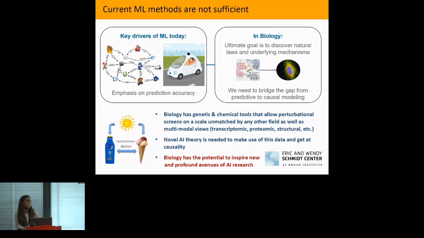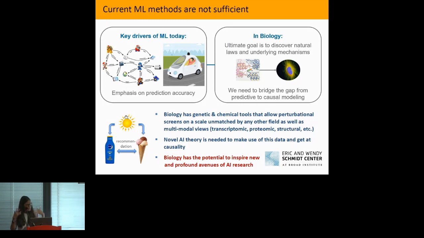You're not going to make a lot of money by understanding what drives this, for example, if someone buys sunscreen, why this person might also be interested in ice cream. That's not how you make money, right? All you have to do is be able to predict that these two things are correlated. It doesn't matter that the underlying causal relationship is that it's sunshine and it's warm, and therefore a person interested in sunscreen might also be interested in ice cream.